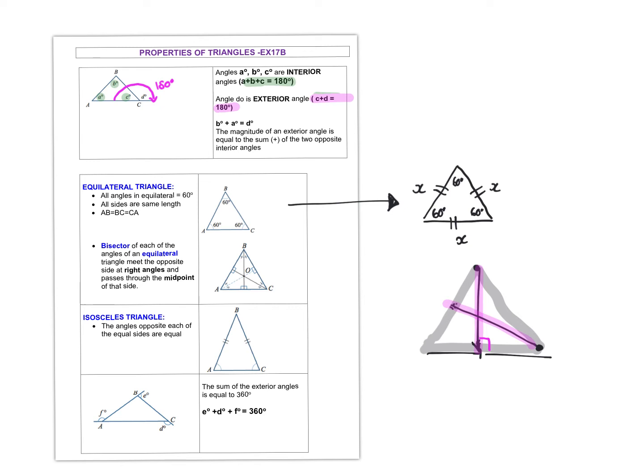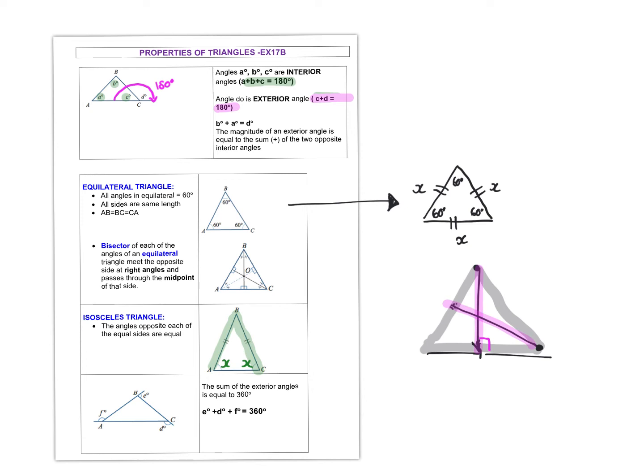Okay, the next one down there, an isosceles triangle. That's when two sides are the same. And maybe take note, those two angles opposite the sides that are the same are equal. So if one were x, they'd both be x.